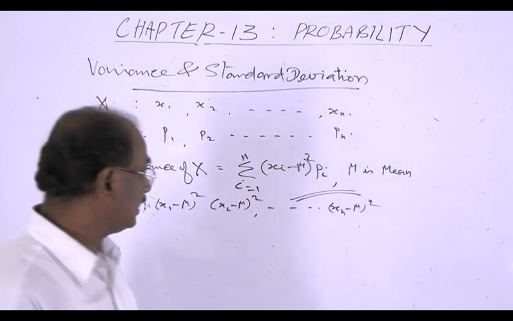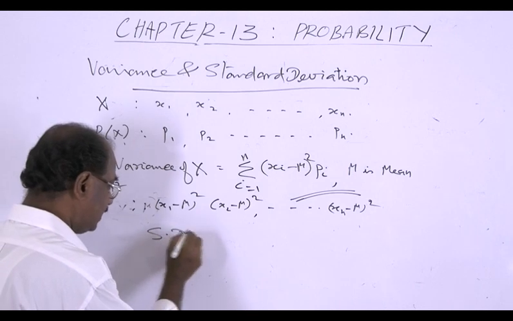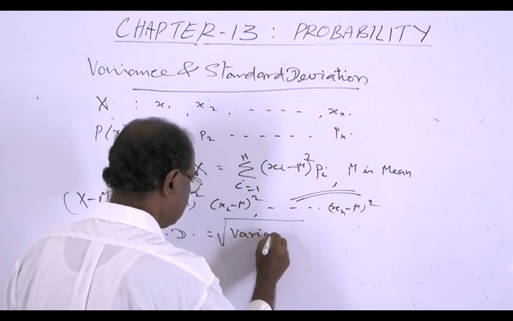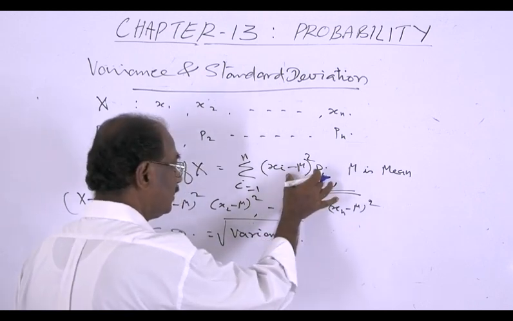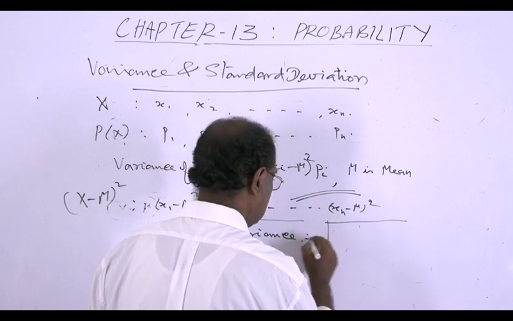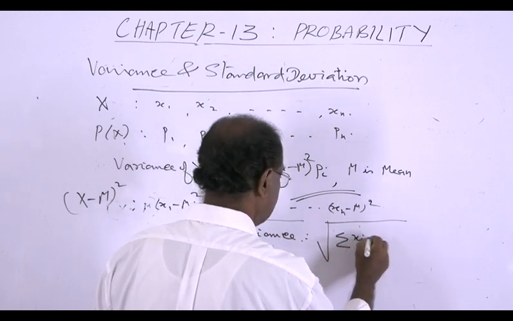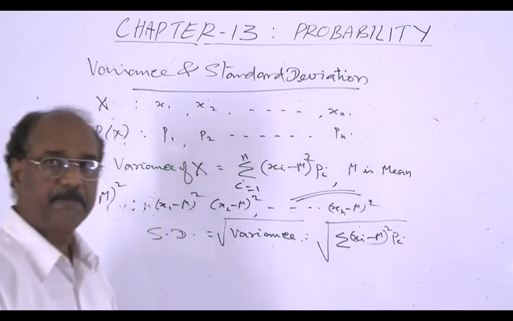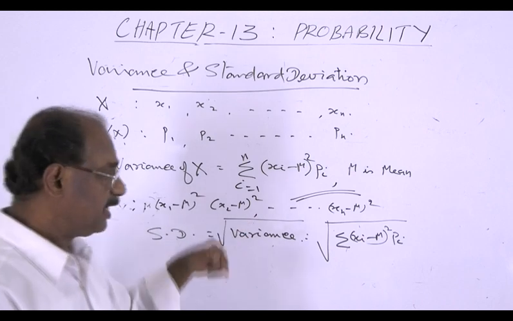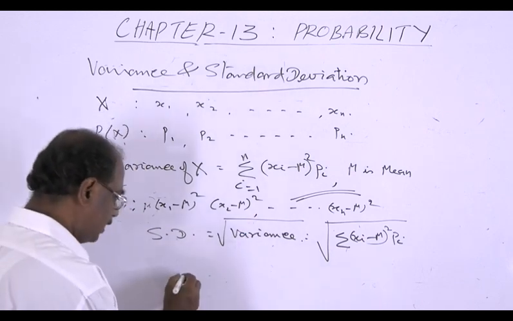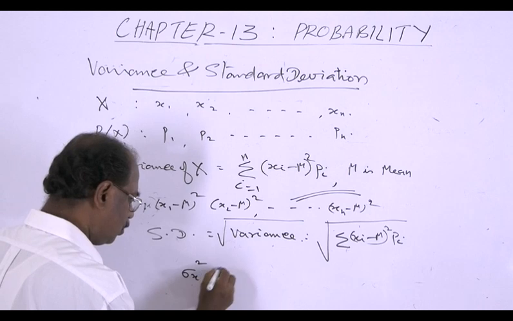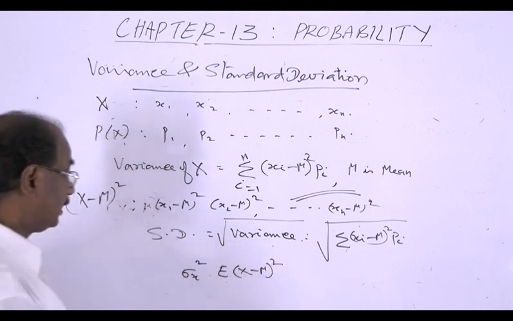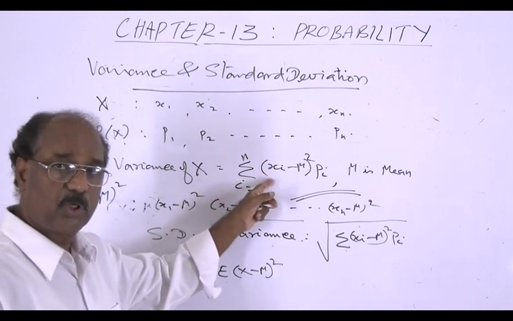Then the standard deviation is defined as the square root of the variance. That is the square root of sigma (xi minus mu) whole squared pi. The variance is also denoted by sigma x squared, or the expectation of (x minus mu) whole squared, because this is actually the expectation of the square of the deviations.